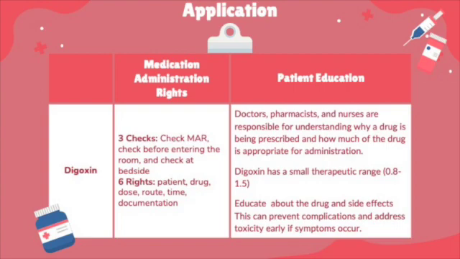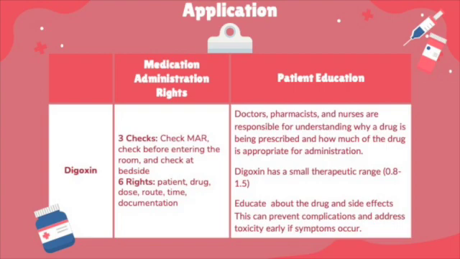Teach the patient to report if they have shortness of breath, weight gain, edema, or persistent cough, because these may be signs of a heart failure issue. Teach the patient to take the medication at the same time every day to provide the best effect of the medication.